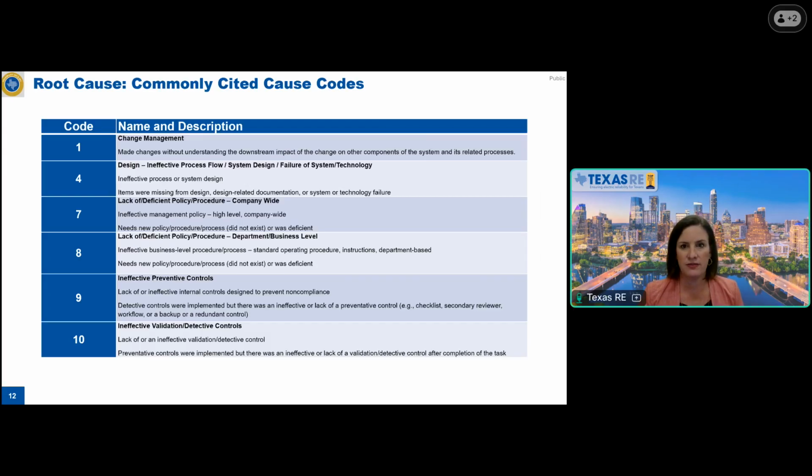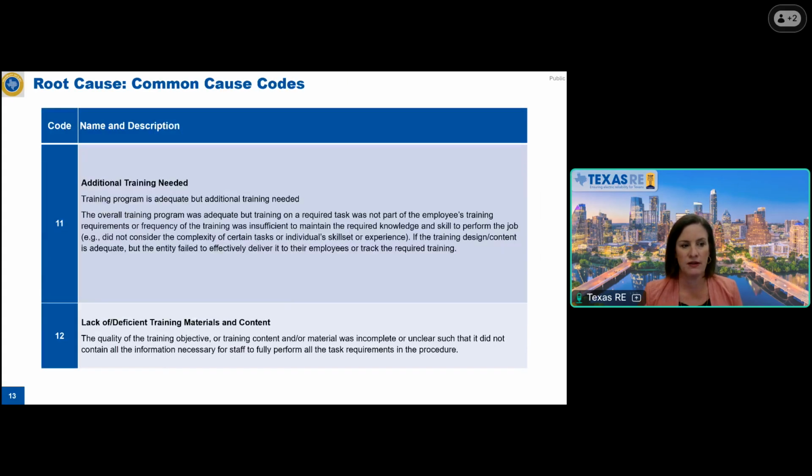And then the last two that we see most commonly are additional training needed or lack of or deficient training materials and content. And this is one that we see a lot when an individual has simply made a mistake in their job, is that they probably needed additional training.